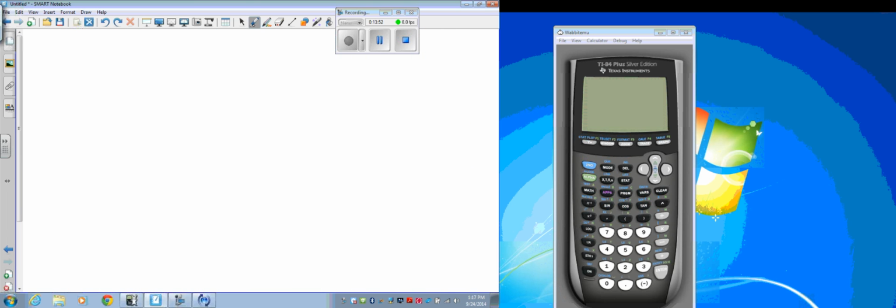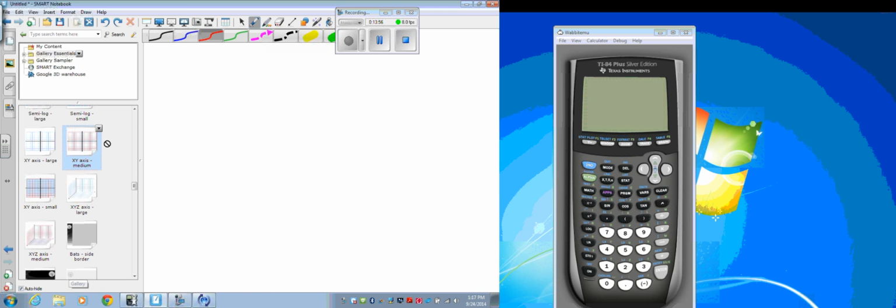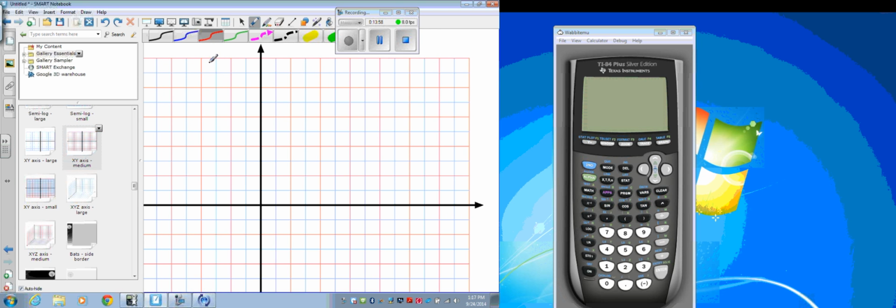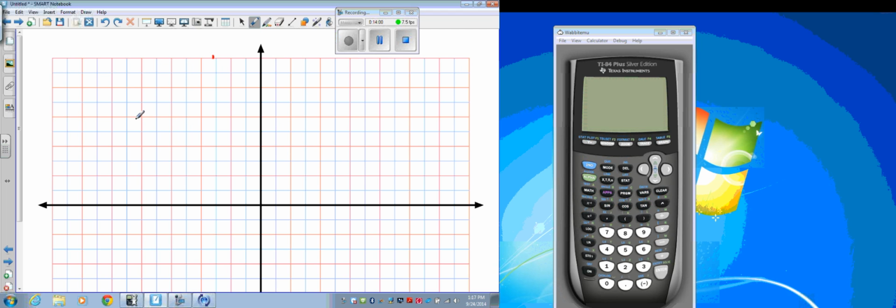So let's look at maybe a couple more. These, I don't think they're too challenging. Look at 8. 8 says we're at 0 and -2.